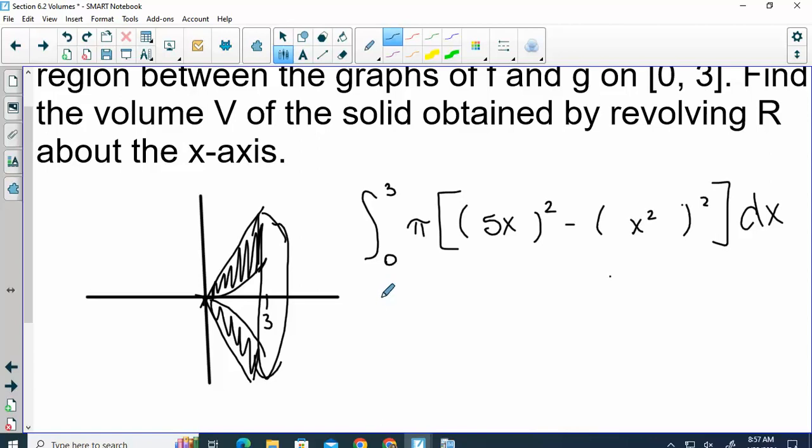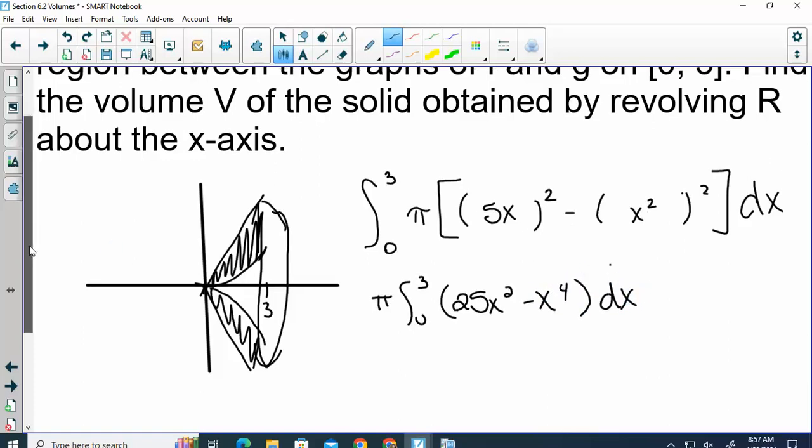If you're rotating around a line other than an axis, so if I said you're rotating around x equals 3 or y equals -2, then you have to measure your radius from that line, not just the axis. So we could have our pi, this would be 25x squared minus x to the 4th dx.